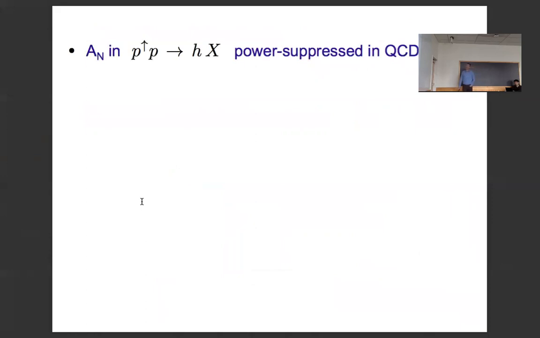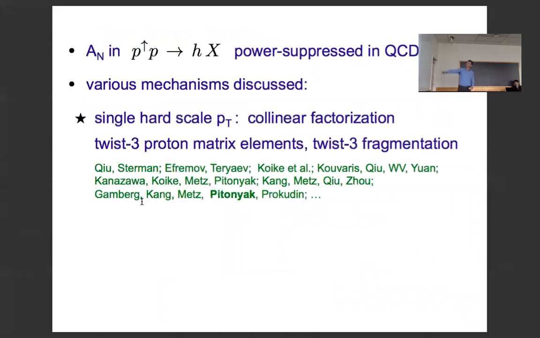So as we know, these single spin asymmetries for single inclusive processes are what we call power suppressed in QCD, higher twist in some sense. Over the past two to three decades, various mechanisms have been discussed.